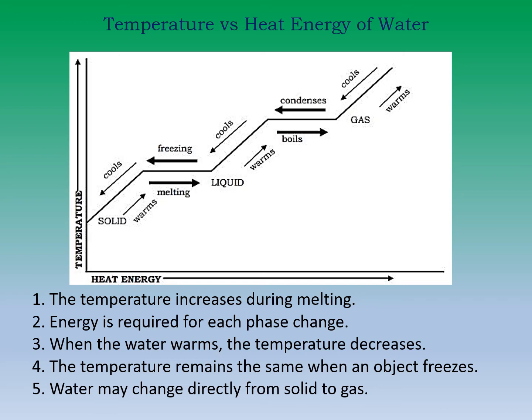Now, let's look at liquid to gas. To change that, based on number 2, we have to boil the water. If you can see on the ladder, we have to increase the heat energy again, so it changes from liquid to gas.